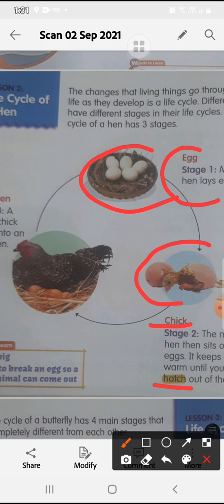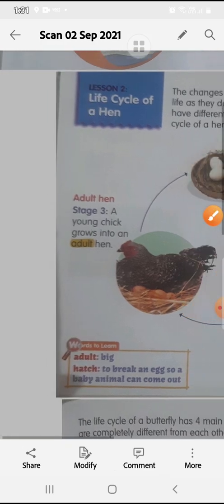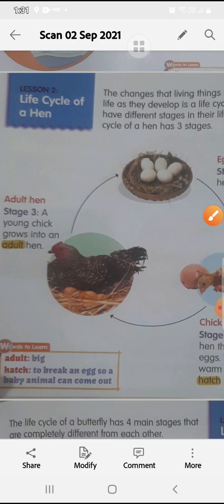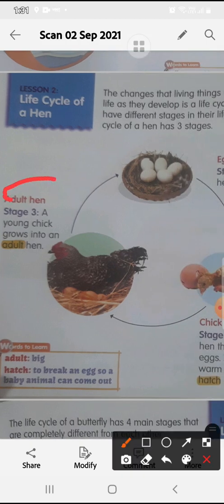Okay, and the third stage is adult hen. In this stage, a young chick grows into an adult hen. Adult means big. Okay, so this is the life cycle of a hen.